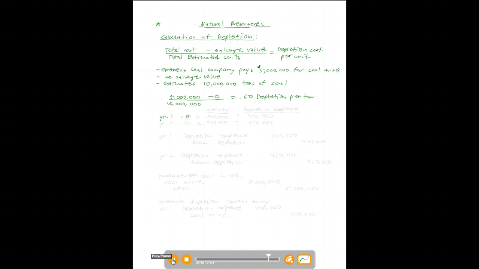So year 1, we're going to take our 50 cents, and the actual activity is 800,000 tons of coal. So that's going to give us $400,000 of depletion expense.